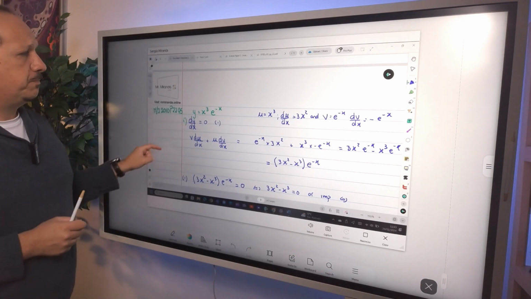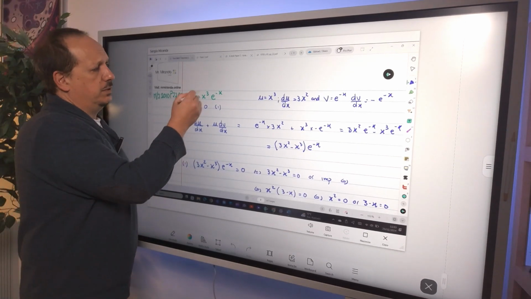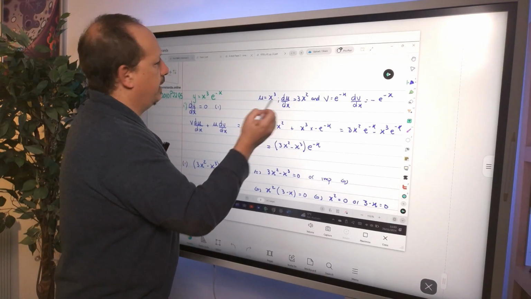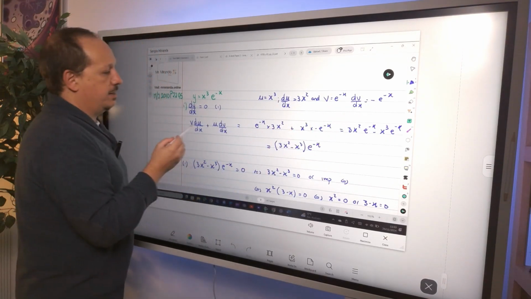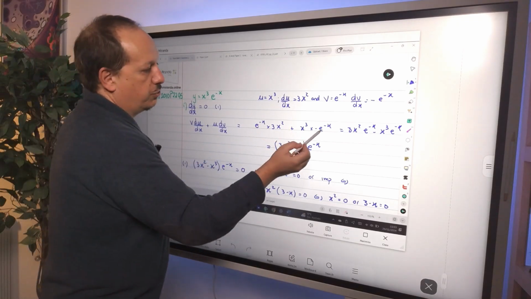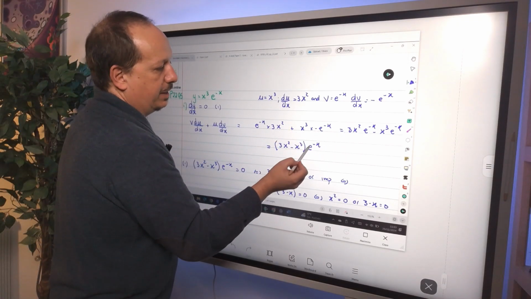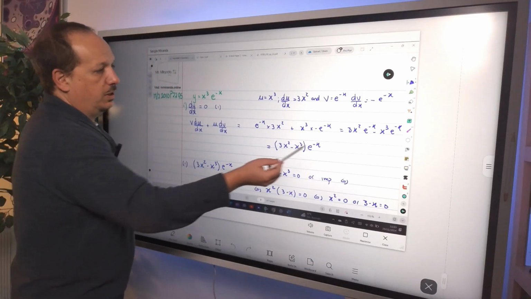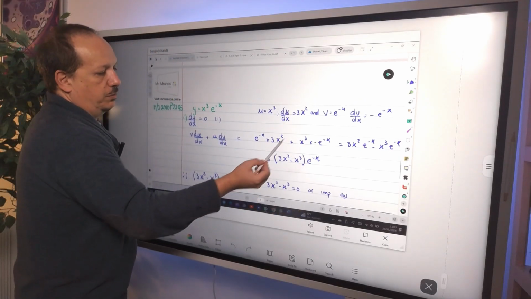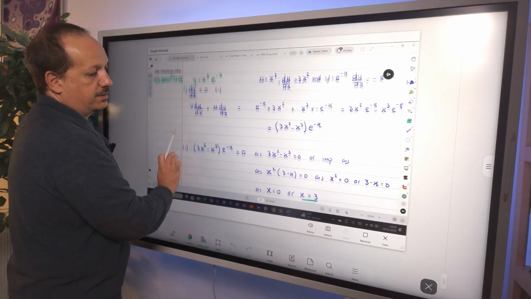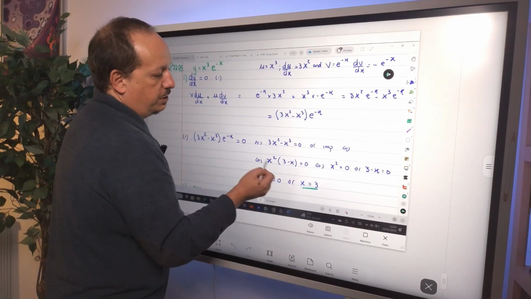So here you have it. Again, this is u, this is v. Differentiate both in terms of x, this is what you get. Substitute in the formula, this is what you get. You can factorize the e to the power of minus x, equal this to 0. This is going to be impossible. You basically just have to solve that cubic over here, factorize x squared, equal it to 0.